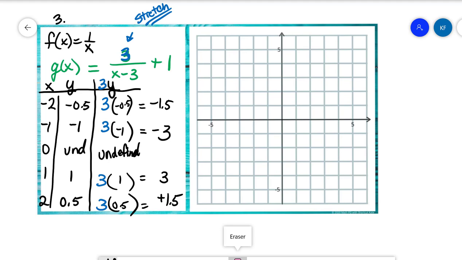So with the stretch, I'm graphing the points, which I'll do in blue. So you may ask me, well, why didn't you do the parent graph this time? I'm not doing it because the stretch is going to act like your point of reference. And I just don't want the graph getting too congested.